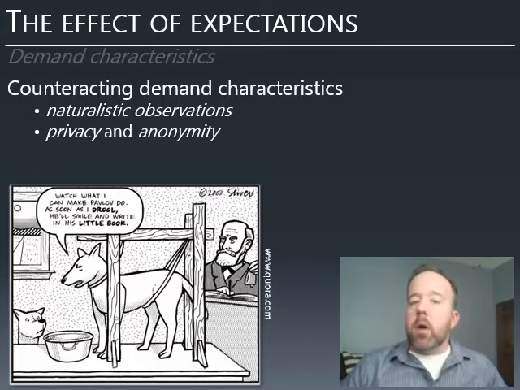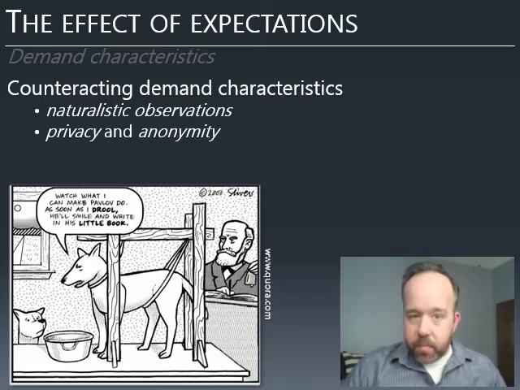If people don't know that their behavior can be connected back to their identity, they behave in more honest ways. Again, especially when it comes to things like what are socially appropriate behaviors. Do people really adhere to social norms of honesty, of generosity? And if they are perfectly free to behave selfishly but be anonymous about it, they're much more likely to do it. And so the question is, how do you get the most accurate representation of behavior?